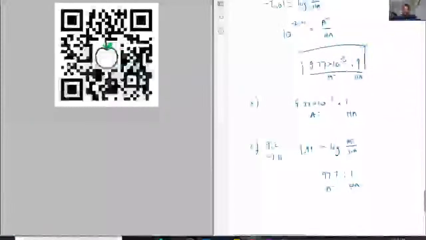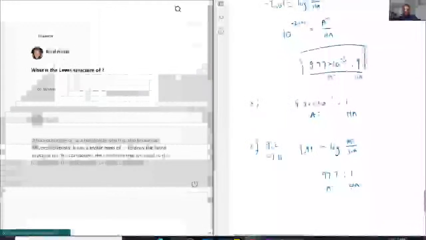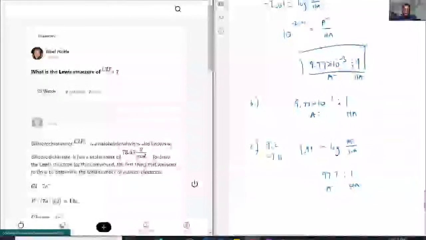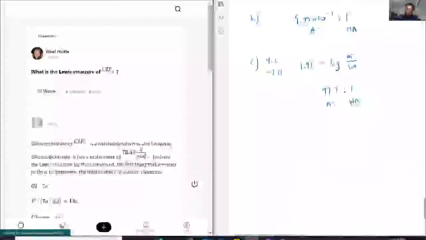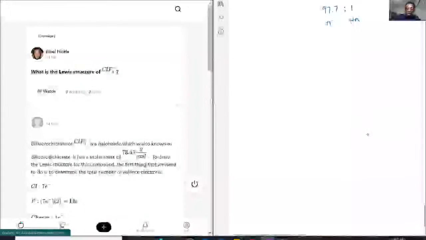Now for question number 16, I believe, we have: what is the Lewis structure of ClF2 minus?